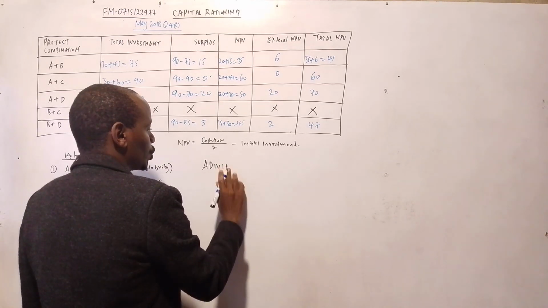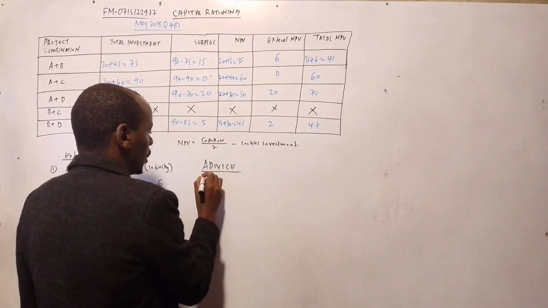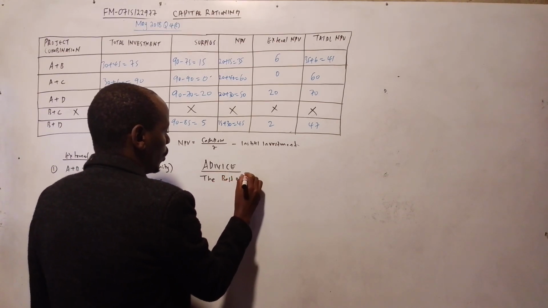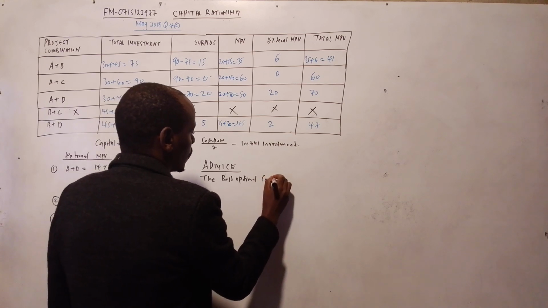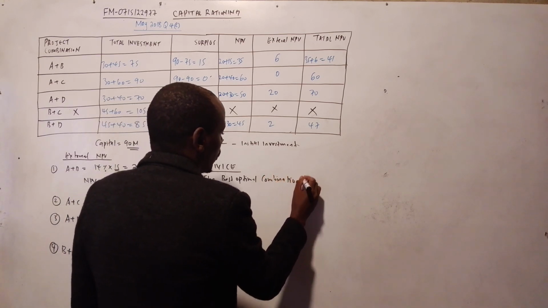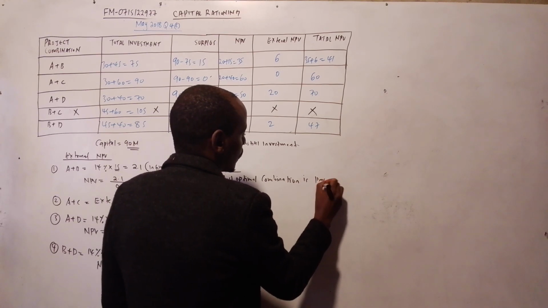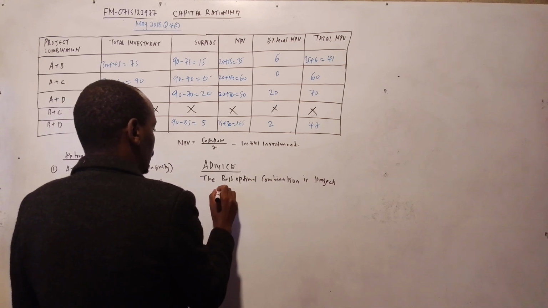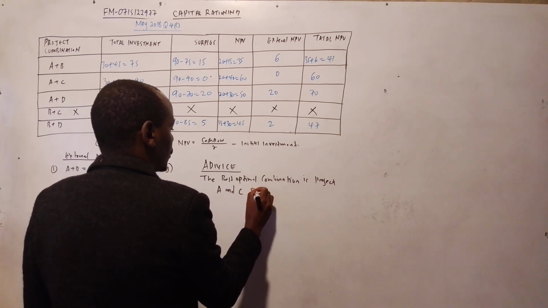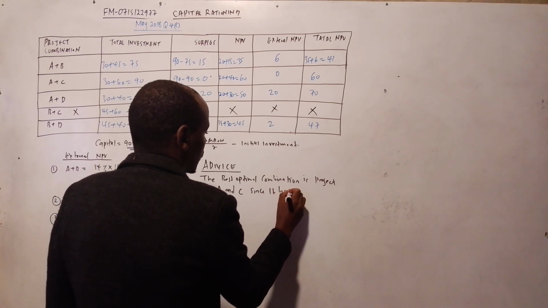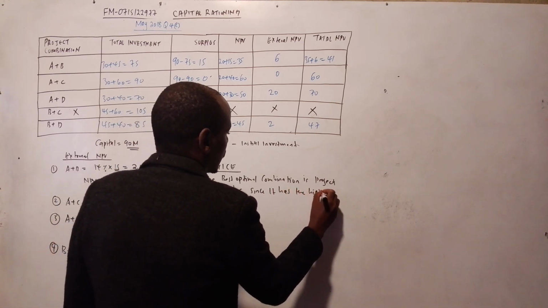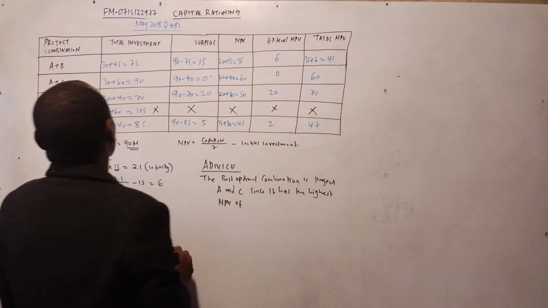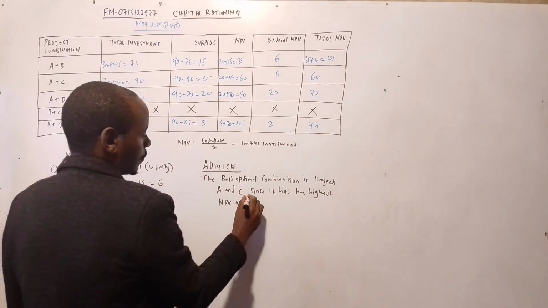So the best optimal combination is project A and C. A and C has the highest NPV of Kenya shillings 60 million. I think it is in millions.